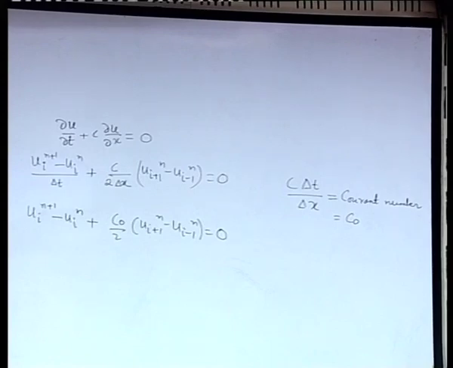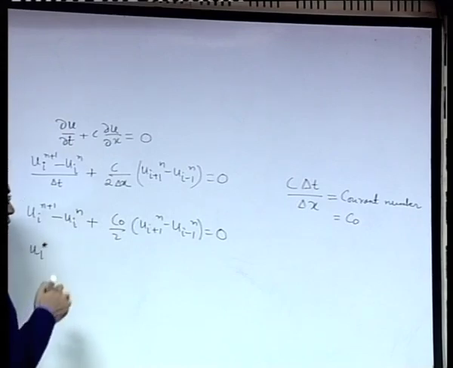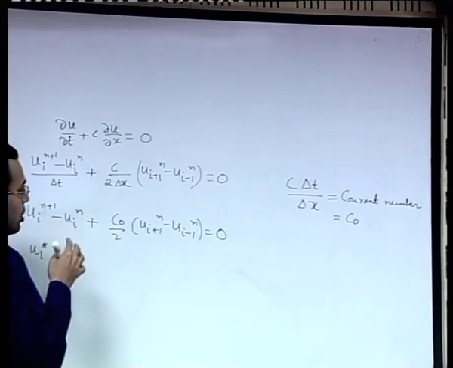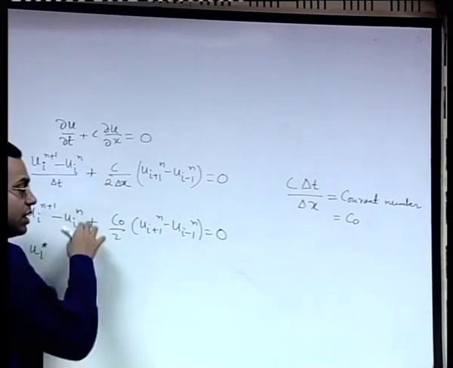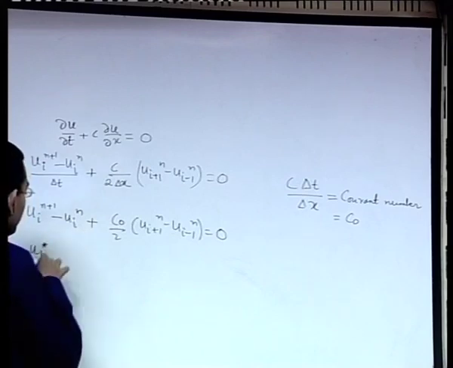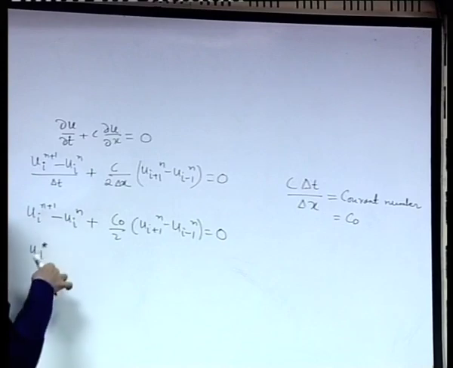The corresponding value of u star, which is the approximate solution if you solve the difference equation. Remember that the actual solution will satisfy the difference equation as well as the differential equation. Now u star is an approximate solution which you have got from the difference equation.